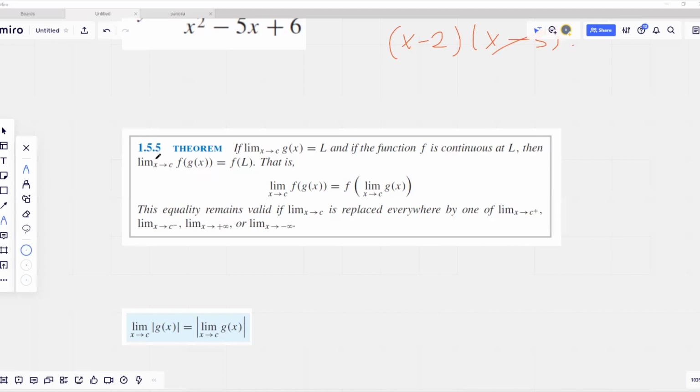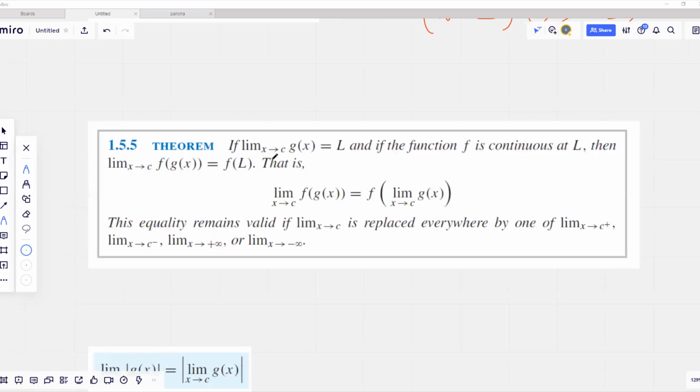The next theorem is 1.5.5. If the limit as x is approaching C of g of x exists and is equal to big L, and if function f is continuous at point L, then the limit of f of g of x as x is approaching C is equal to the value of f at point L. Which means that the limit as x is approaching C of f of g of x is equal to f of the limit as x is approaching C of g of x.